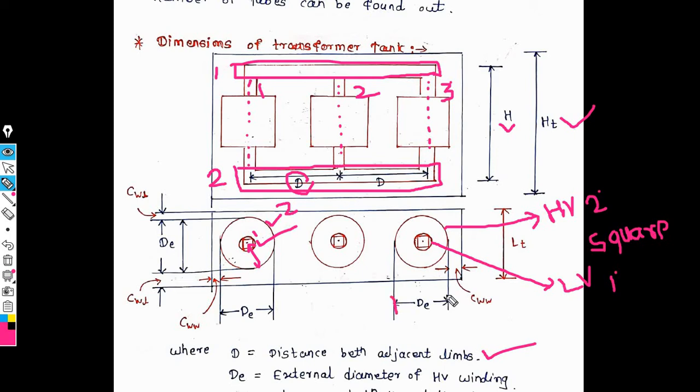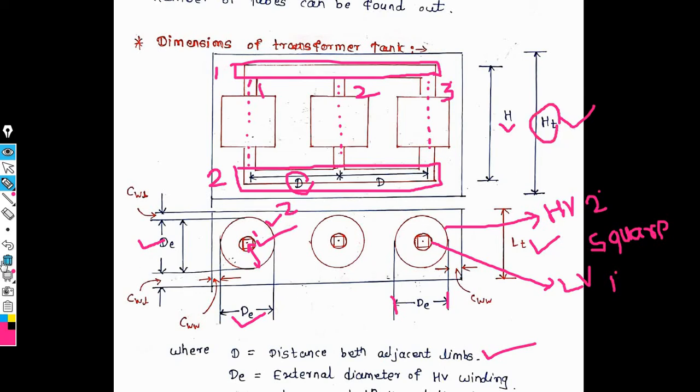DE means external diameter of HV winding. Here is the external diameter of HV winding. Then LT means length of tank, and ST means height of tank.